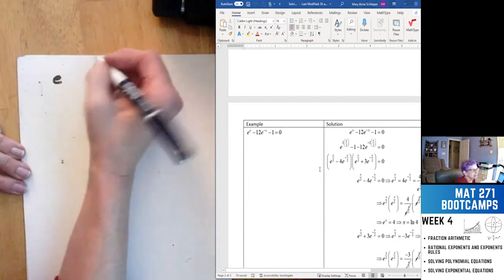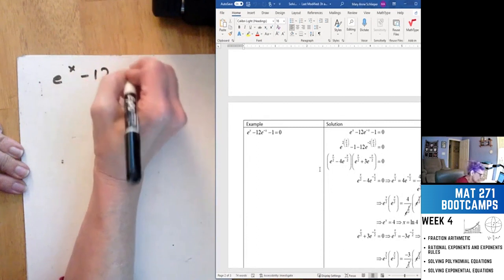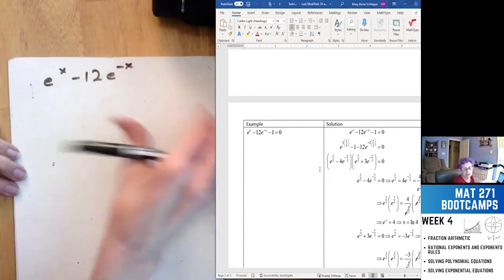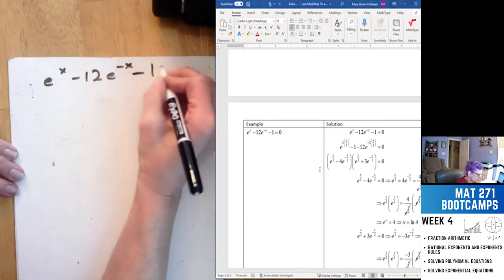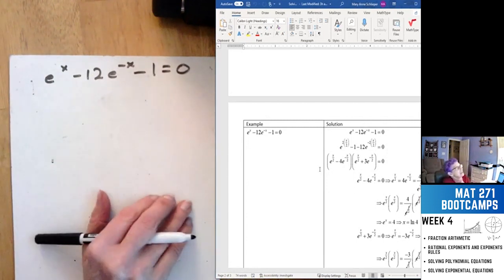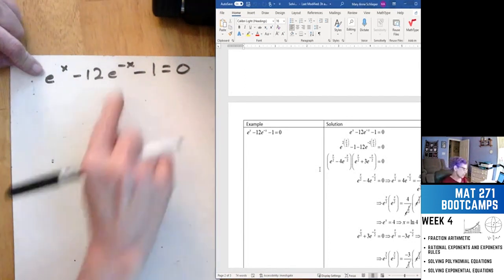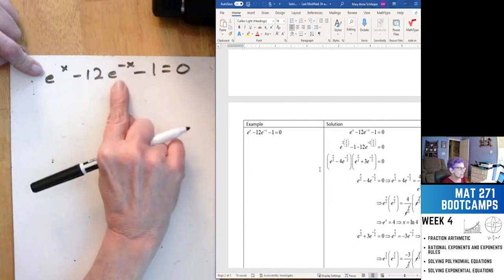Last one we have here, e to the x minus 12 e to the negative x. And think of this one as a challenge problem, because this one's challenging. It looks kind of like those others that we did. We have an e to the x, but we have an e to the minus x.